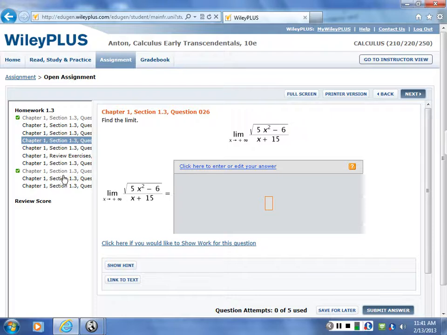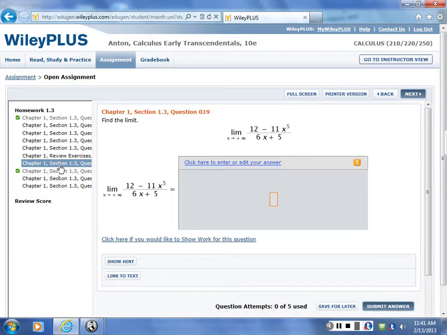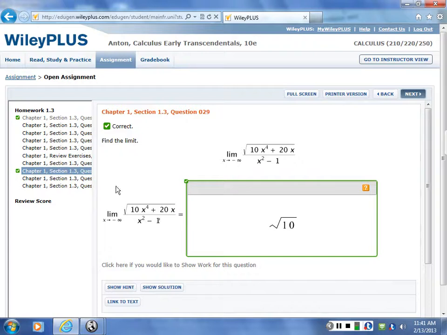However, when x is going to minus infinity, I think this one's going to minus infinity. This one, you have to be a little bit careful, the absolute value of x is actually replaced with minus x. In this case, you divide top and bottom by x squared, so you don't have to worry about replacing a negative number or not.